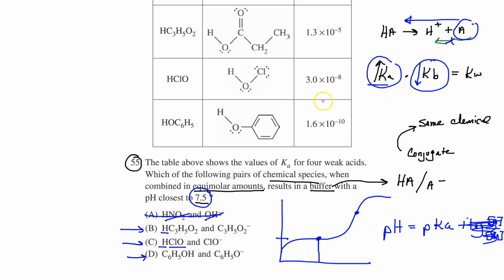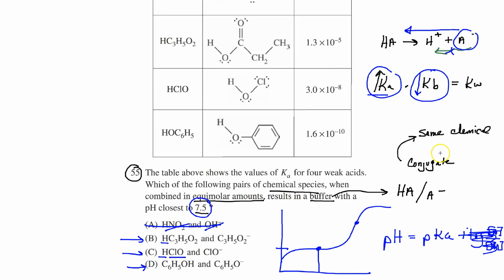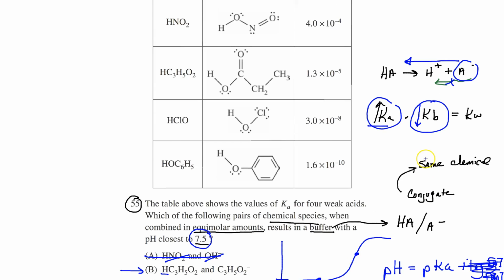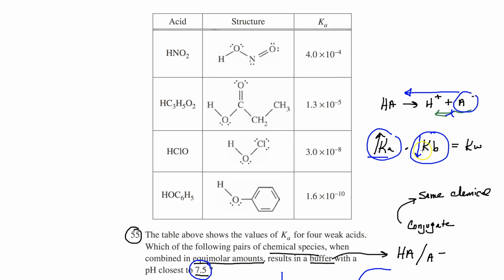So let's take our Ka, which is given to us, and we can just estimate what the pKa would be by doing a negative log. And since they want 7.5, and these acids are pretty far apart and we don't have calculators, it's easy to do. Like I could make this 1 times 10 to the negative 4, and the negative log of this, if I just assume this is 1, would be a pKa equal to 4.